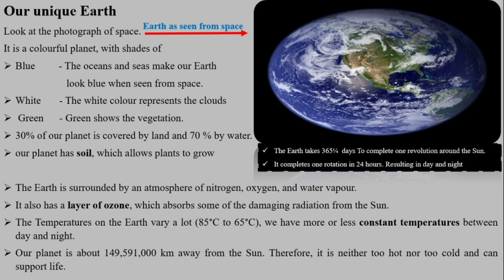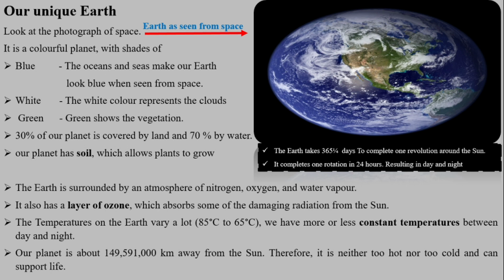The reason why we are able to view these three colors: blue denotes two aspects. One is that blue denotes the oceans and seas on our Earth, and the Earth looks mostly blue when we see it from space. White color represents the clouds.